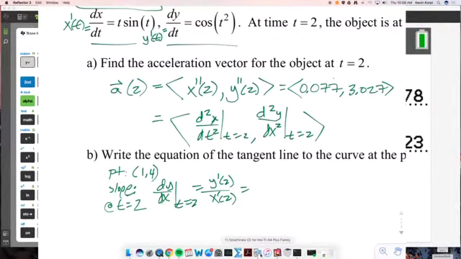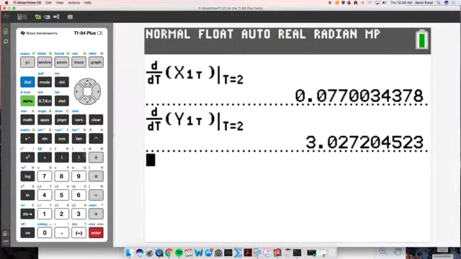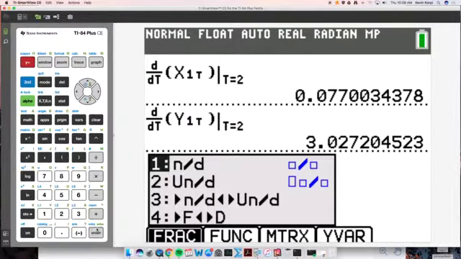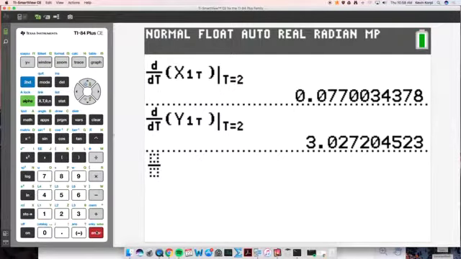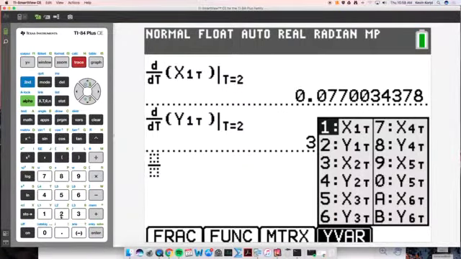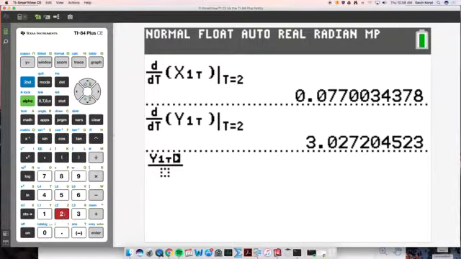So now on my calculator, from my home screen, I'm going to take the quotient. Alpha y equals gives me my horizontal division bar. I now want to evaluate y prime at 2. So I'm going to recall it, alpha trace, number 2. Remember, it's showing up as y, but that's really y prime.